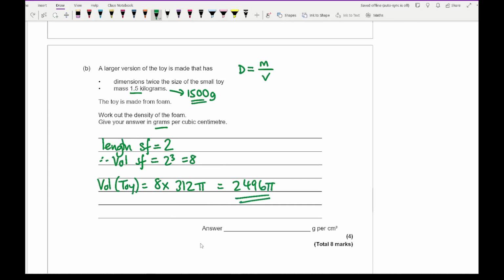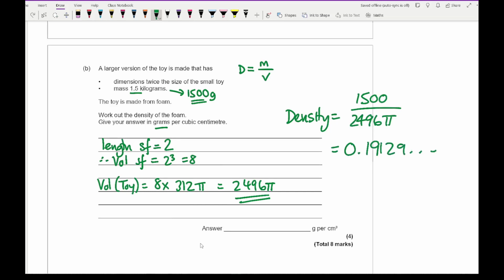So I've got my volume, I've got my mass, so the density is going to be 1500 divided by 2496 pi. And if I type that into my calculator, I get an answer of 0.19129 and so on. And if I round that number to 2 decimal places, I get 0.19.